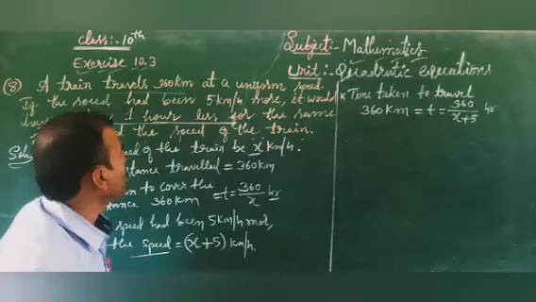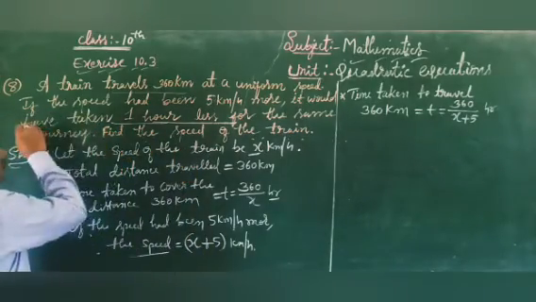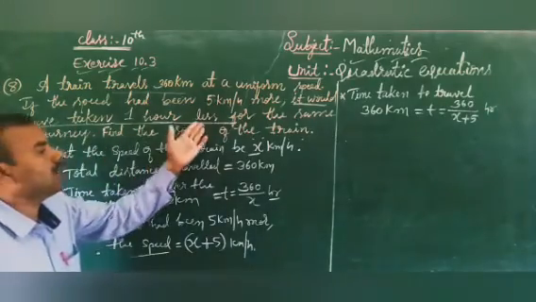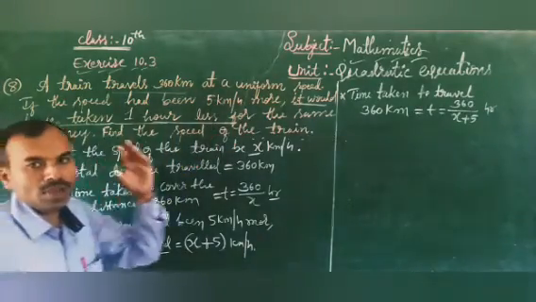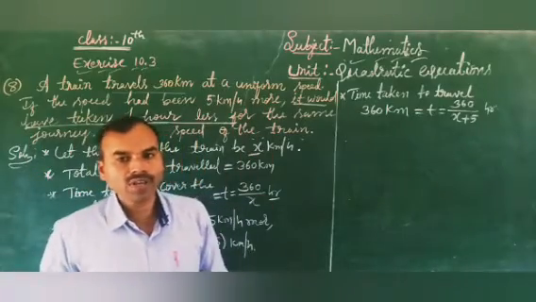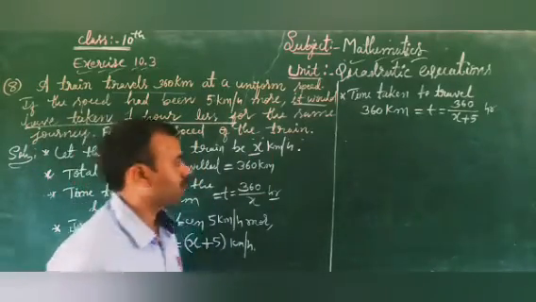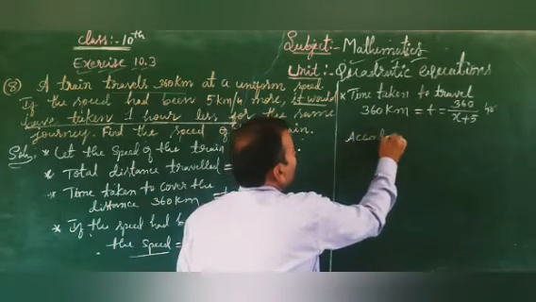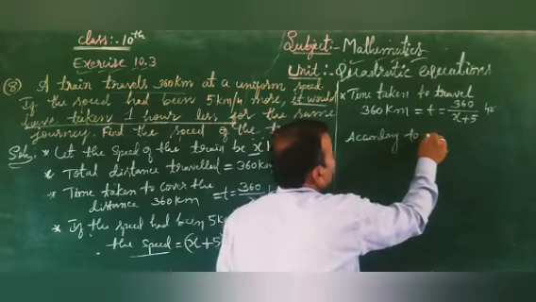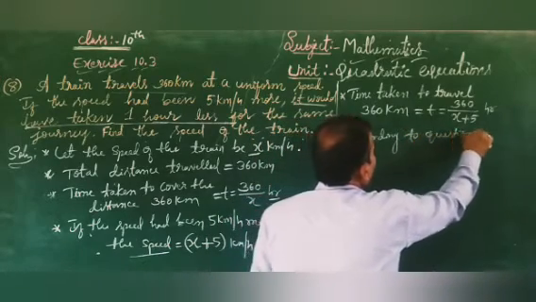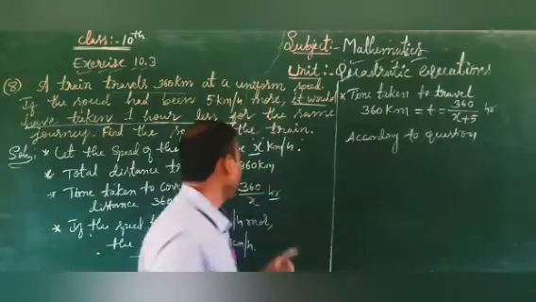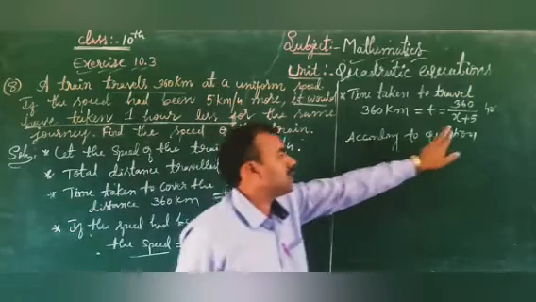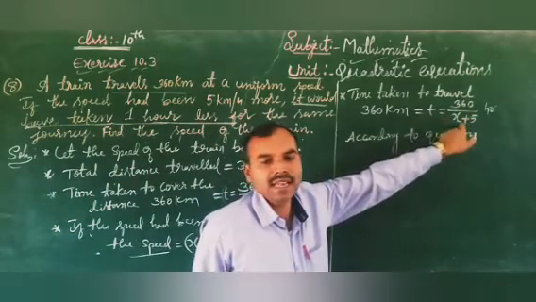Here another condition is given. It would have taken 1 hour less for the same journey if the speed is increased by 5 km per hour. According to the problem, according to the question, here speed is less, time is more. Here speed is more, time is less.